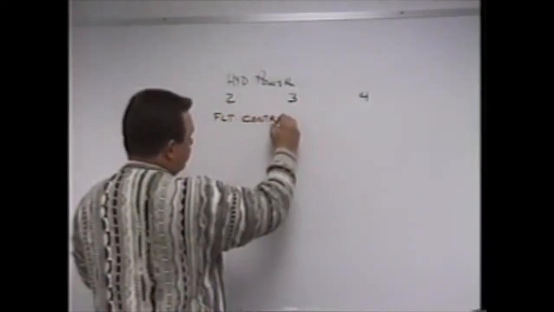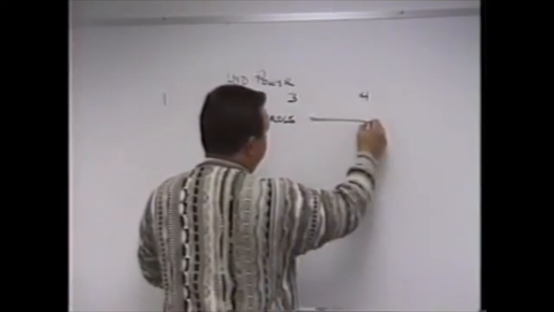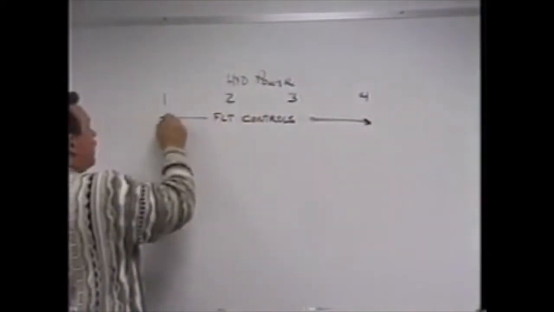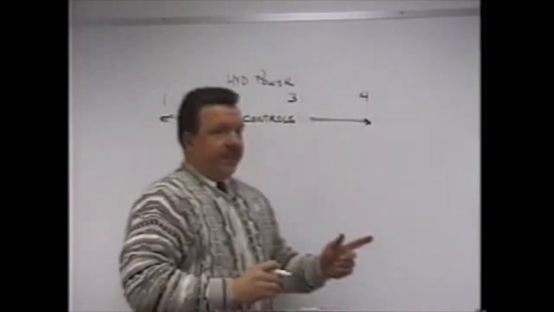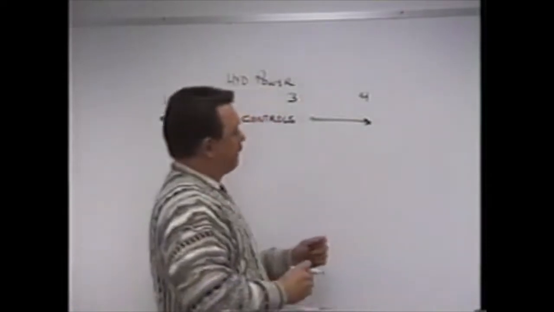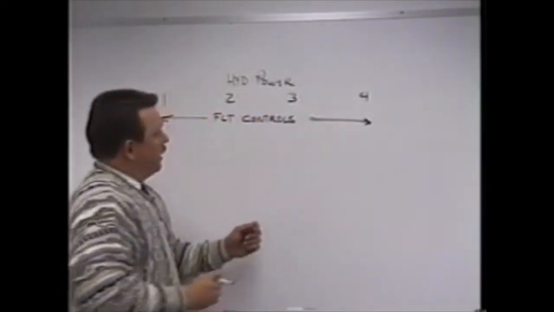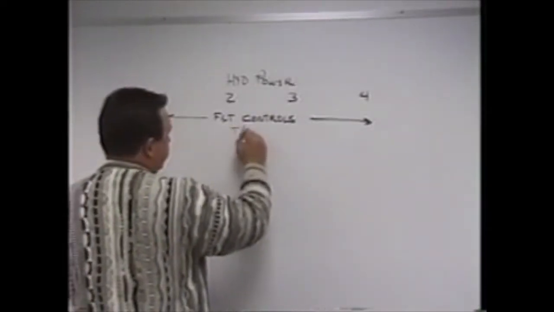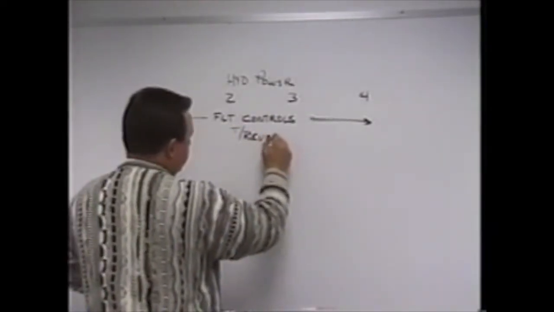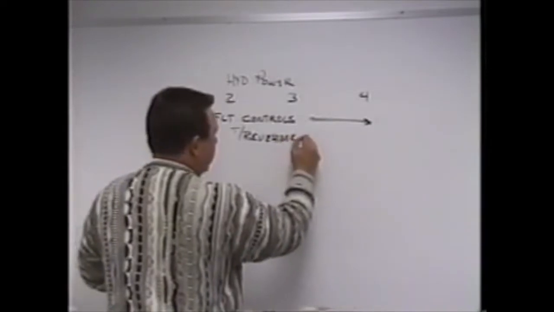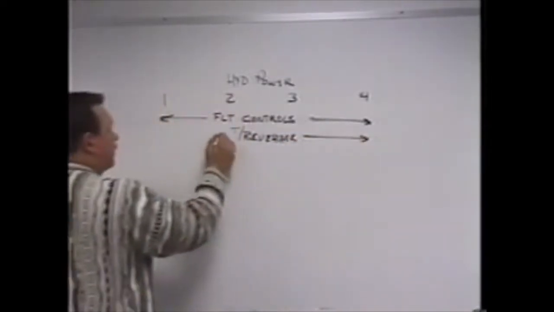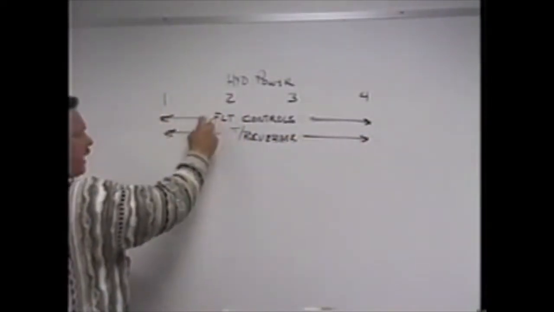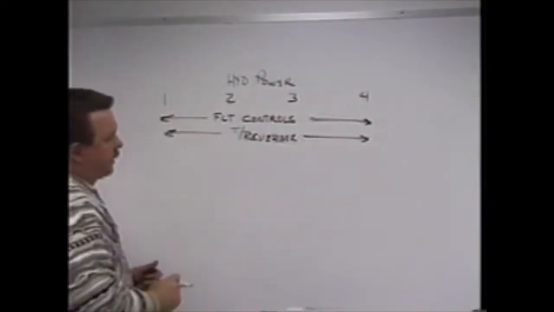All of your flight controls on this airplane are hydraulically powered. Majority of them are dual sources, so a single hydraulic system failure is probably not going to affect that many flight controls. In addition to flight controls, thrust reversers on their respective system. So all four systems have flight controls and thrust reversers.